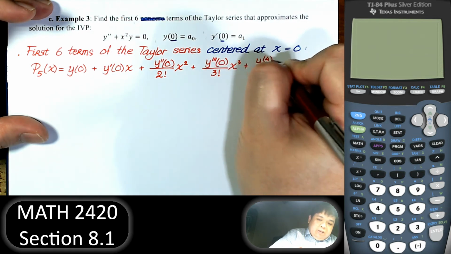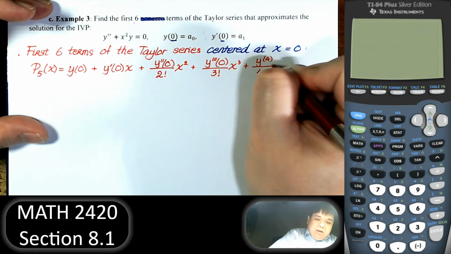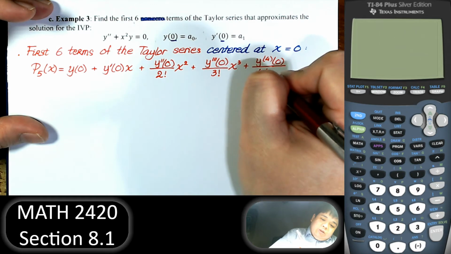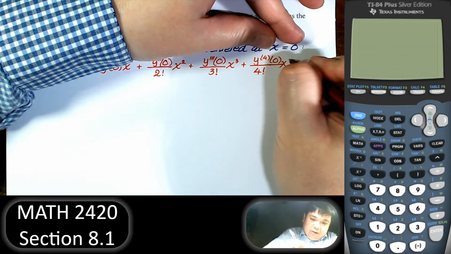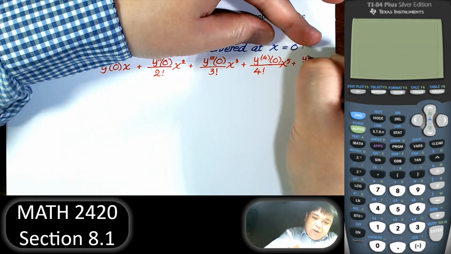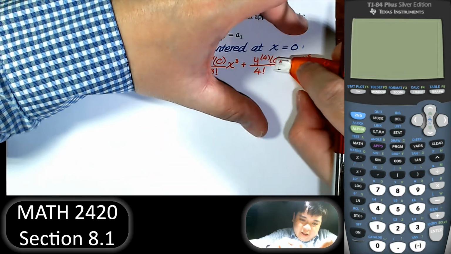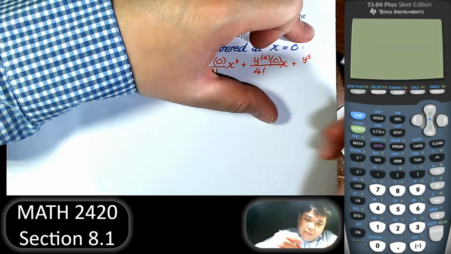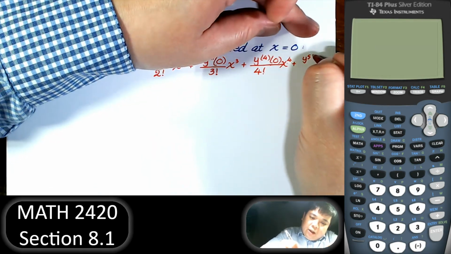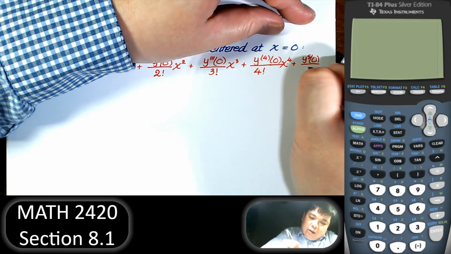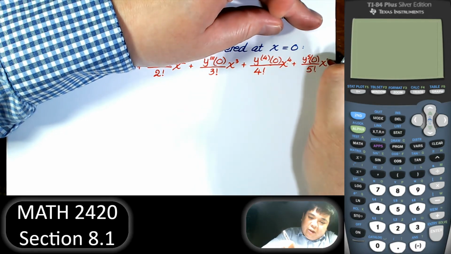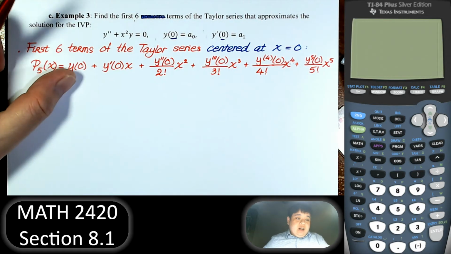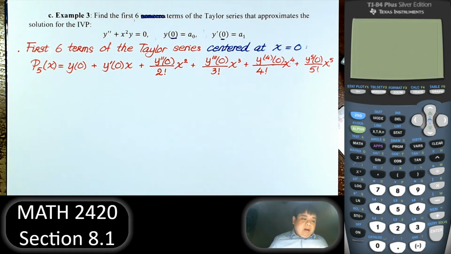Fourth derivative evaluated at 0, divide by 4 factorial, x to the 4th. Divide by 5 factorial, x to the 5th. Right, 1, 2, 3, 4, 5, 6 terms. So from 0 degree to 5th degree. Right, so that's what we have.